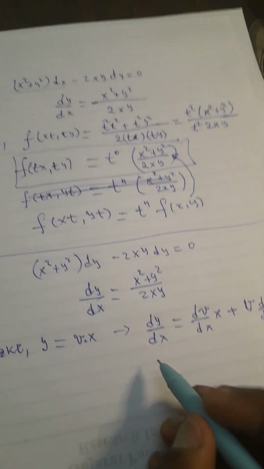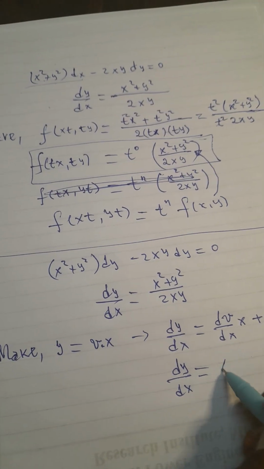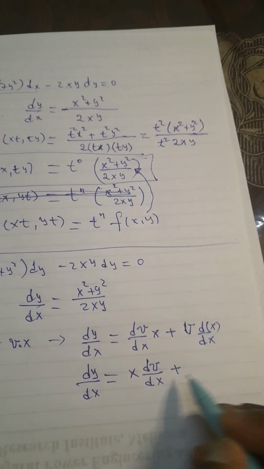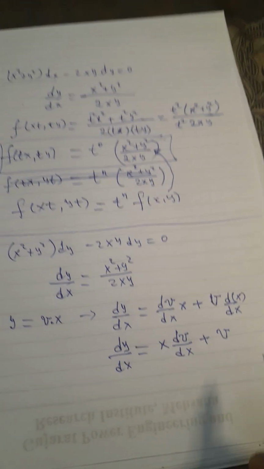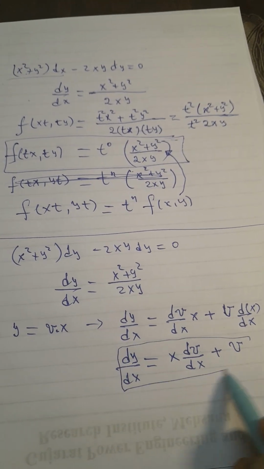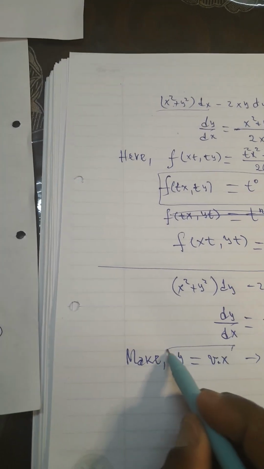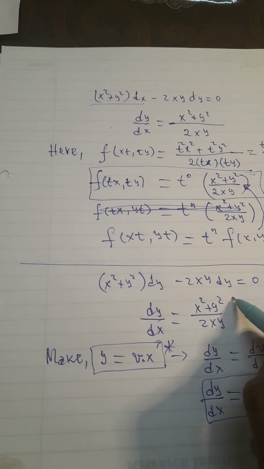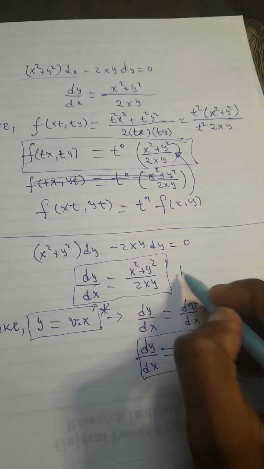So dy upon dx will be equal to x dv upon dx plus v, because dx with respect to x will be 1. Now we do this substitution. I will call this double star and this star, and let us call this expression here as 1.